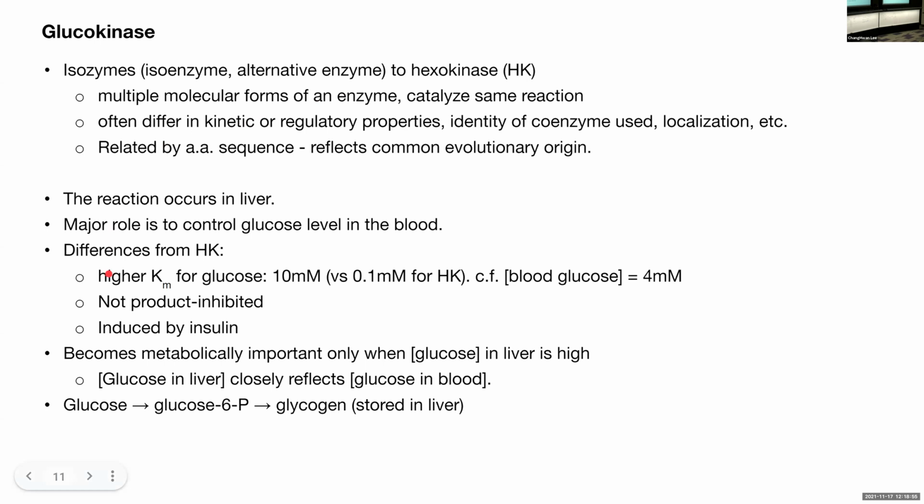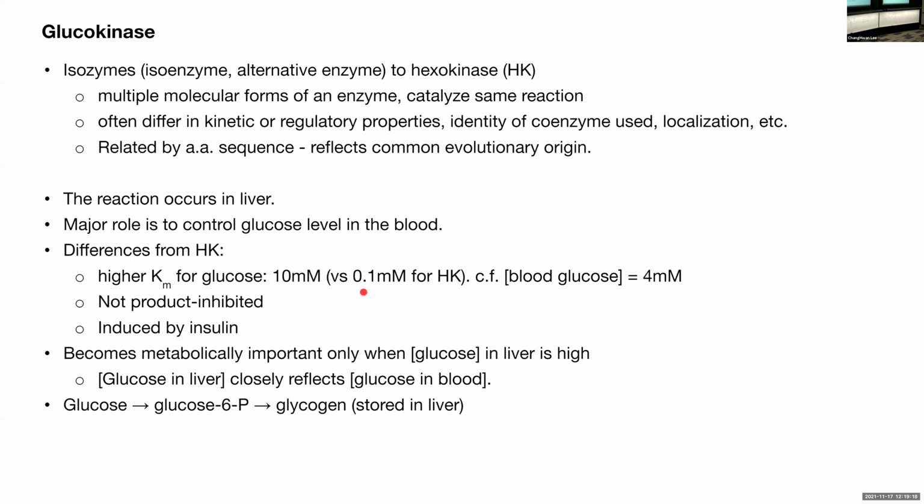The difference between glucokinase and hexokinase is that glucokinase has a higher Km value, and Km is a Michaelis constant for glucose. It's 10 millimolar versus hexokinase's Km of 0.1 millimolar. So it's a 100-fold difference.